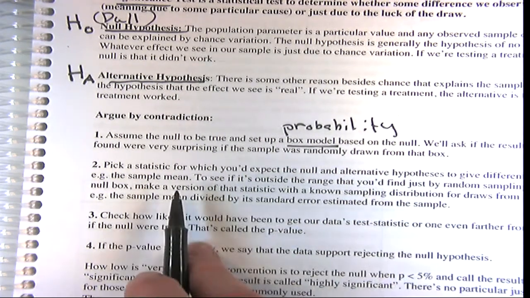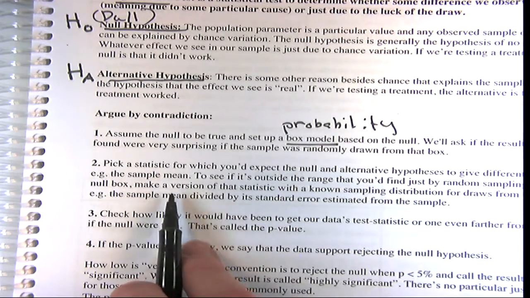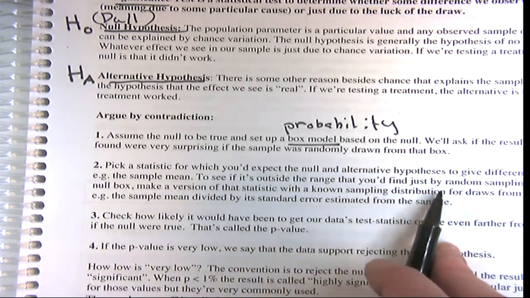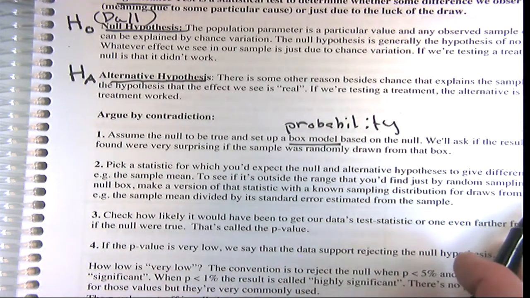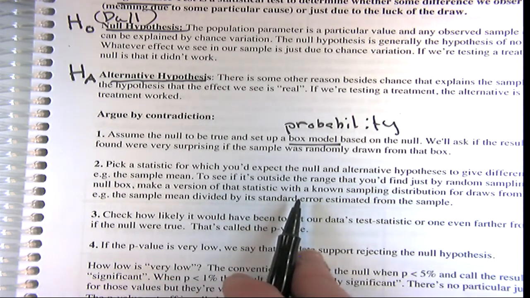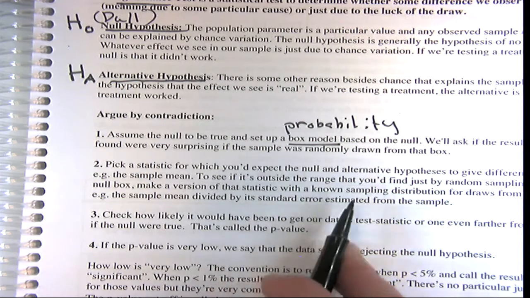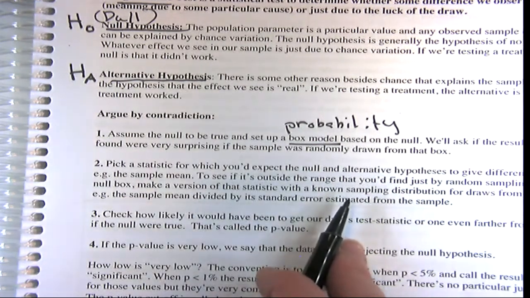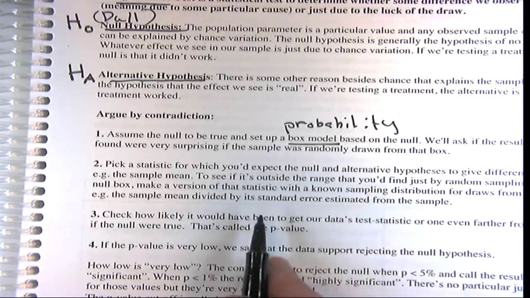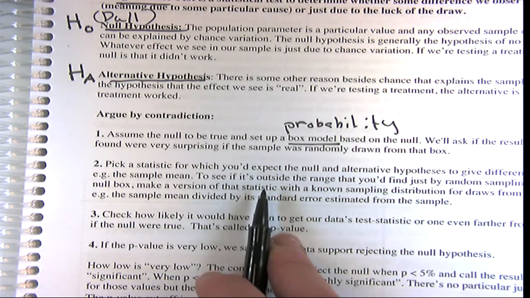You could pick the sample mean, or the average, and then that would translate into a z-statistic or a t-statistic, to see if it's outside the range you'd find just by random sampling from the null box. So you make a version of that statistic. Sometimes you have to change the statistic so that it has a known sampling distribution, so that you can figure out the likelihood that you'd see such a big difference just by the luck of the draw.